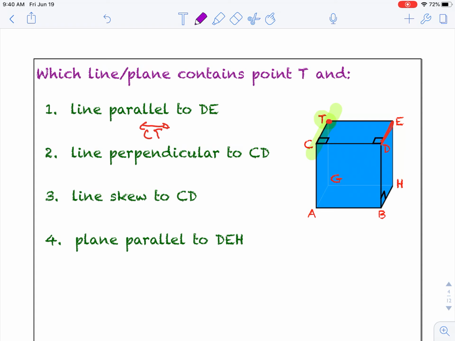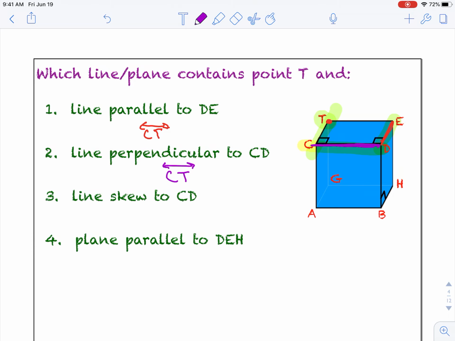So now we want a line that is perpendicular to CD, but also contains point T. And that is actually the same line. That is going to be line CT again. So we had these were parallel, and now this is the one that is also perpendicular to that line.